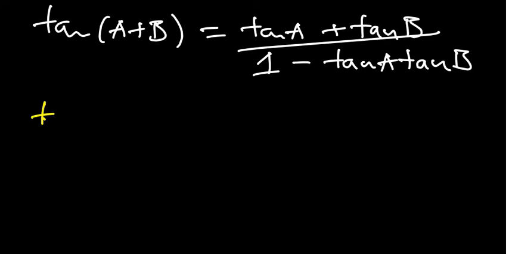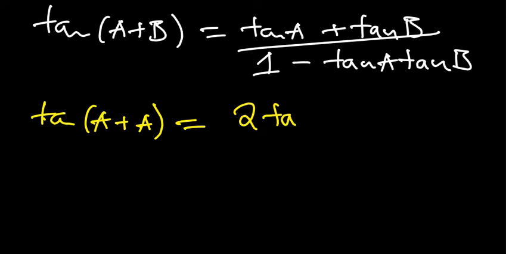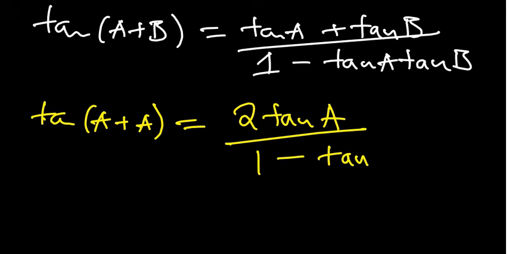So if you say tan a plus a, on top it will be tan a plus tan a, which is going to be 2 tan a, and then the denominator 1 minus tan a times tan a, which will be tan squared of a. So this is now the double angle formula. So tan 2a is basically equal to that.